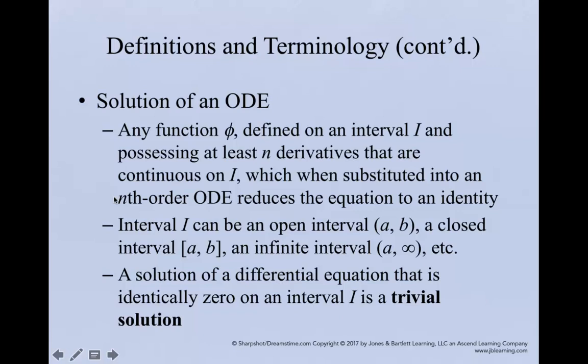In other words, the solution works. So it's kind of a practical definition. We're just saying a solution is any function that if you substitute it into the differential equation, it works to create 10 equals 10 or 1 equals 1 or x equals x or some identity function.